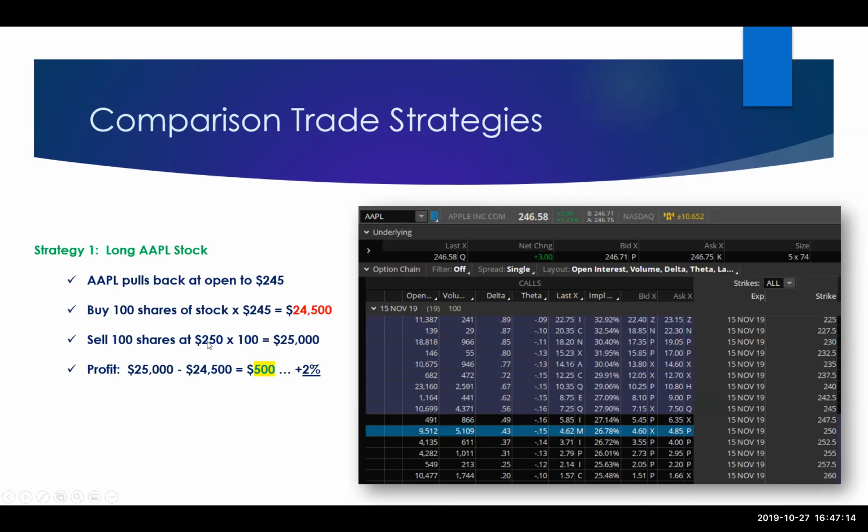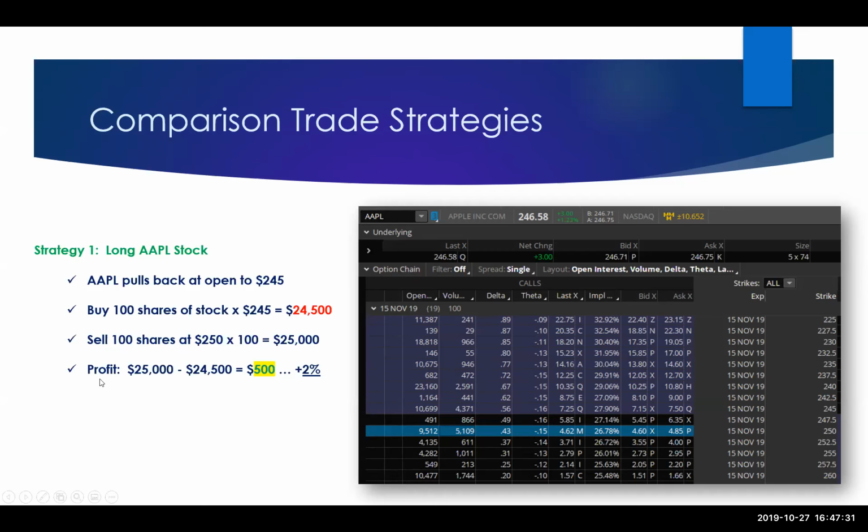So I've got my sell in. When Apple hits $250, I want to sell my shares. So I would have already put my sell order in, and Apple hits $250, and so I sell it and receive $25,000. Now remember, I paid out $24,500.